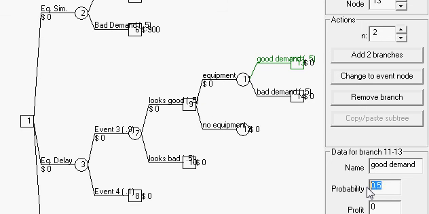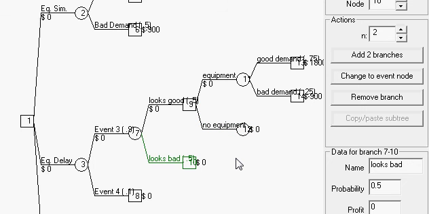So we said this was a 0.75 chance of turning out well, and this was a 0.25 chance of turning out poorly. If it turns out well, we get our 1800. If it turns out poorly, we lose our 900. Okay. Now if we have no equipment, then we're just done.